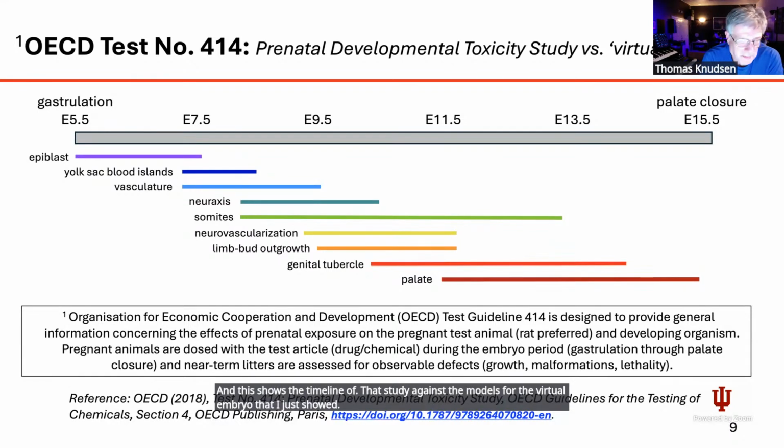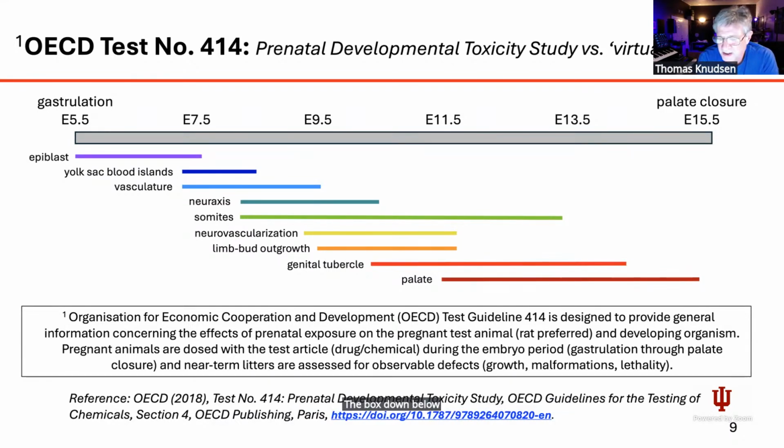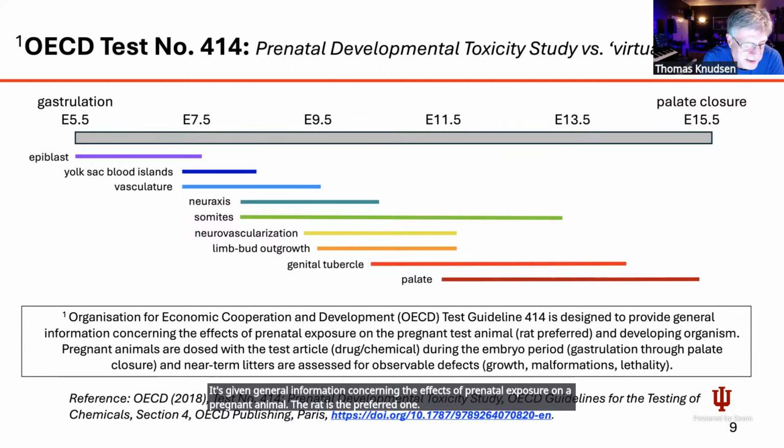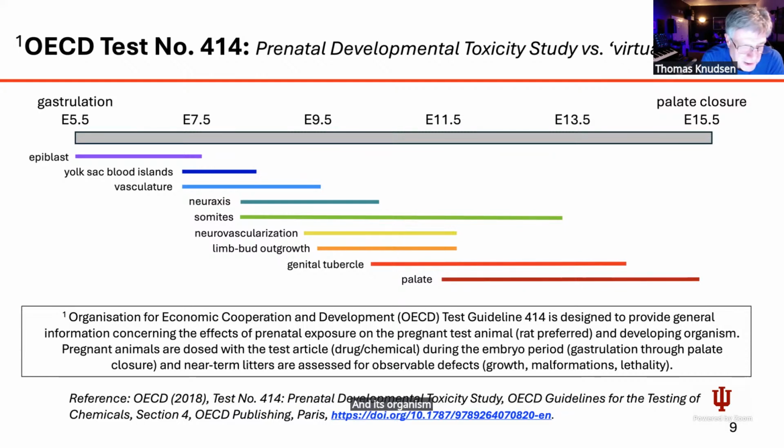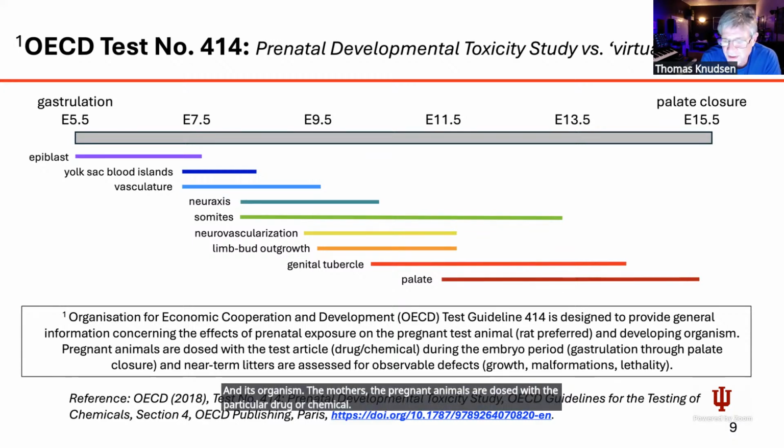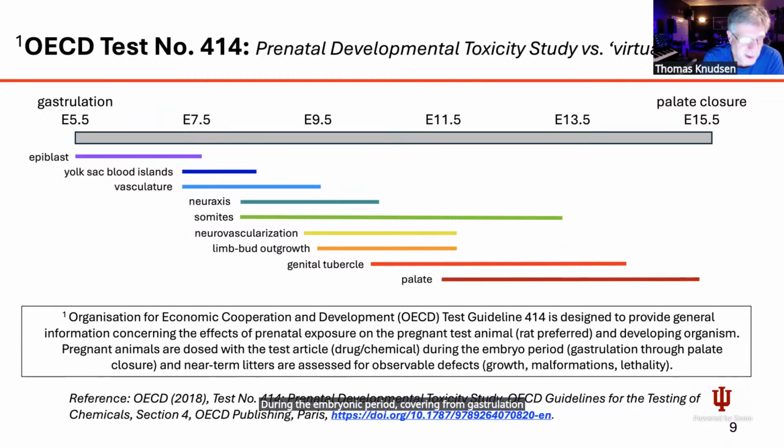The box down below says what the guideline study is designed to do. It gives general information concerning the effects of prenatal exposure on a pregnant animal. The rat is the preferred organism. The pregnant animals are dosed with the particular drug or chemical during the embryonic period, covering gastrulation through palatal fusion.